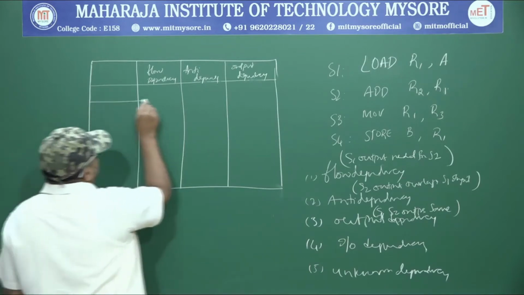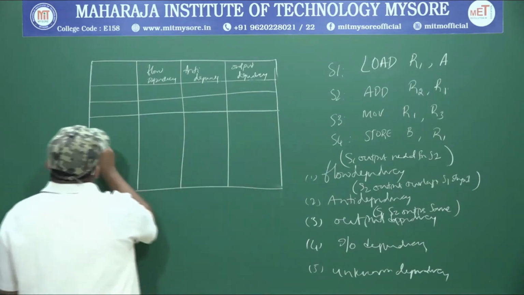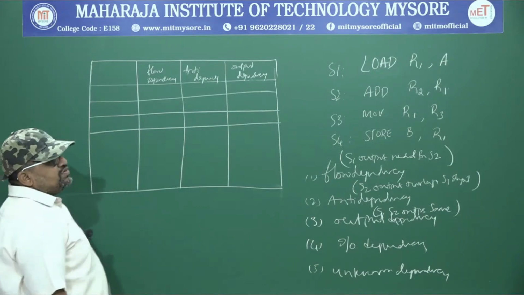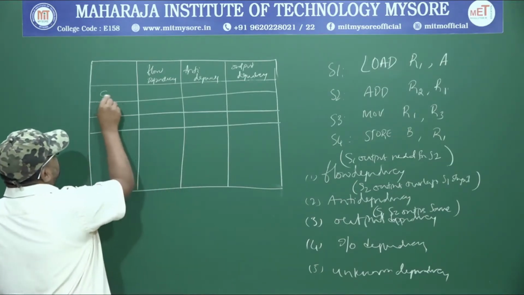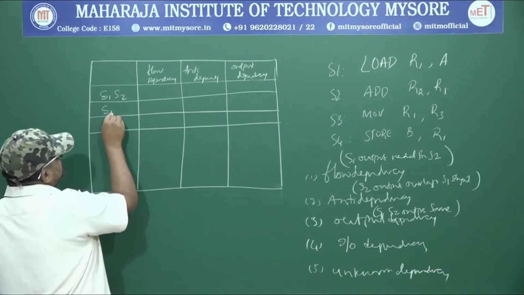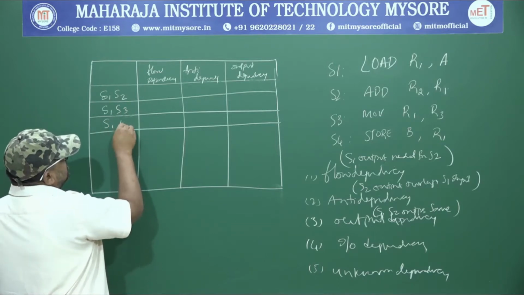And again under each column I'm going to divide it into rows, and then I'm going to look into the statements. In the first one I'm going to look into S1 and S2. Again I'm making comparison with S1 and S3. Again with S1 and S4.